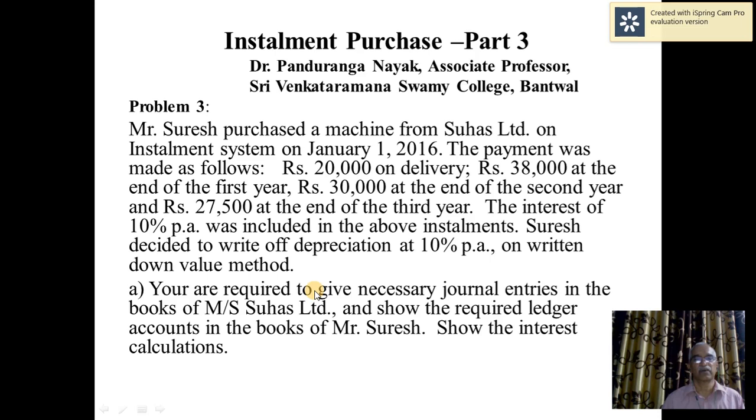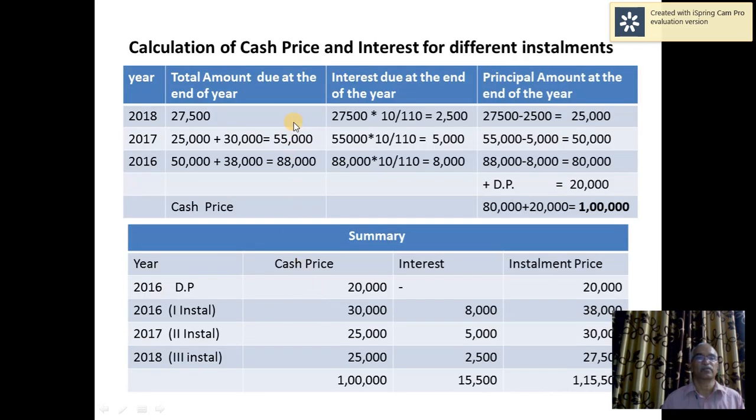So here you have to go for the back calculation method. There is a method called the back calculation method, so that you can calculate the interest for each year and also find out the cash price at the end.